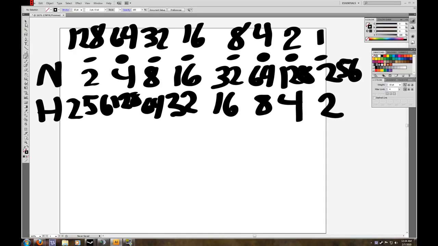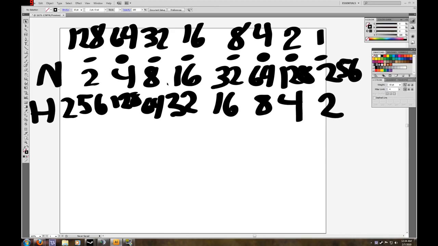So let me just make some room here. Okay. Now the top portion here, or the top rows of numbers, this is our network. This would be how many networks we would have depending on how many bits we borrow.